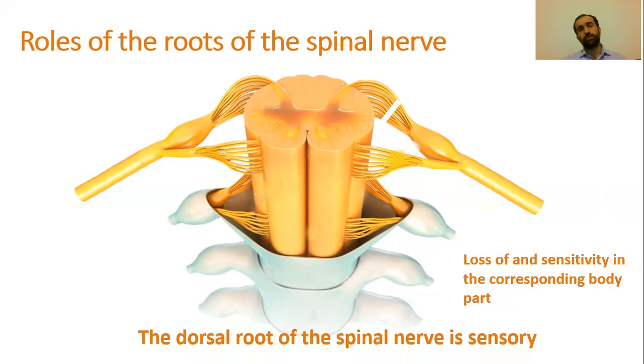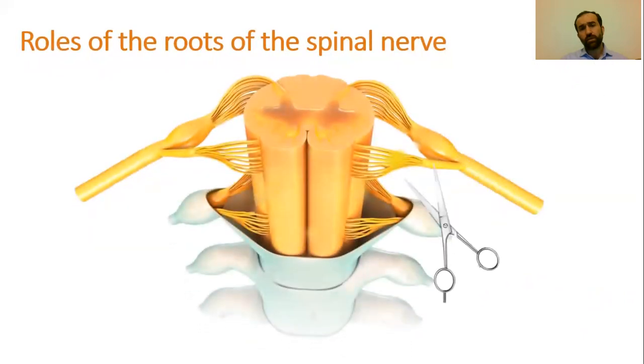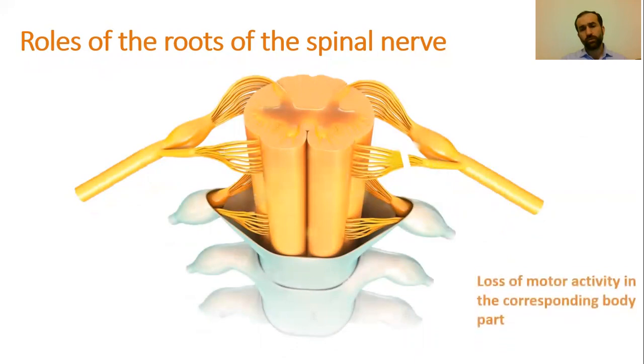This is the role of the dorsal root, and this is why the spinal nerve has two roots. One of them is sensory, and you will now find very clearly the idea that makes it important to have another root, which is the motor root.